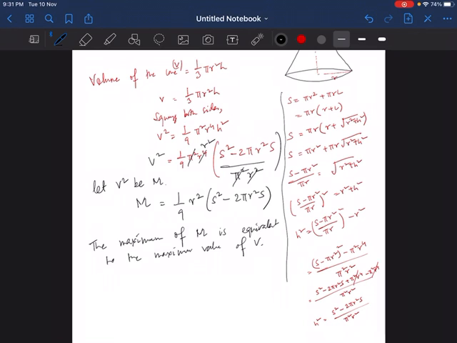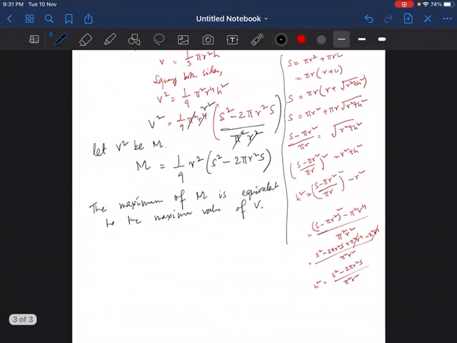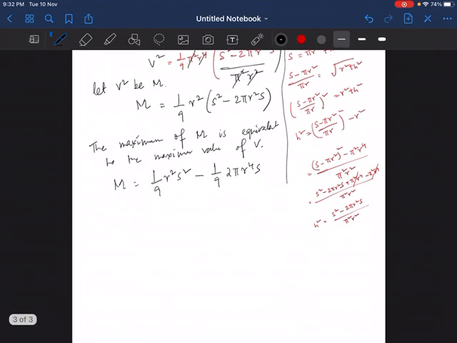Finding the maximum value of m is similar to finding the maximum value of v. So let us differentiate this one with respect to r. Let us multiply this out: m is equal to 1 by 9 r square s square minus 1 by 9 times 2 pi r to the power 4 s. This is what we have.